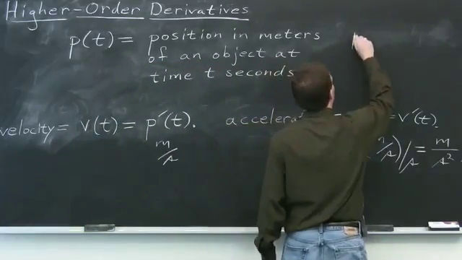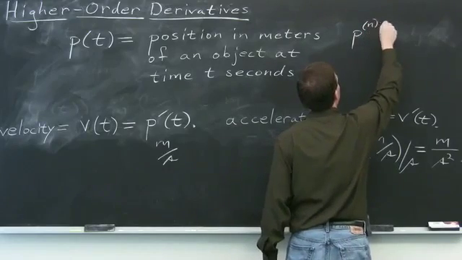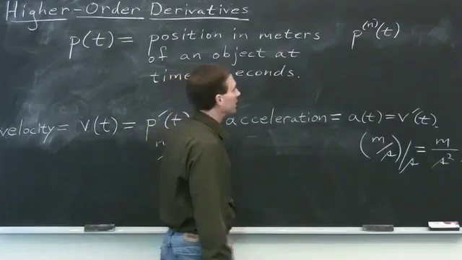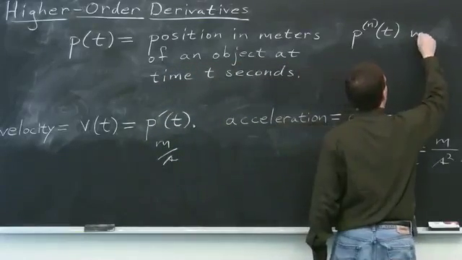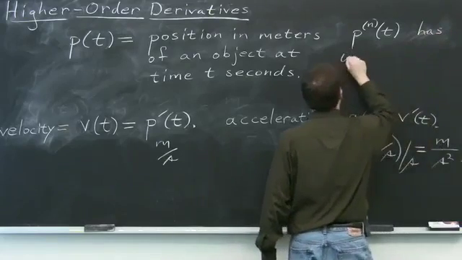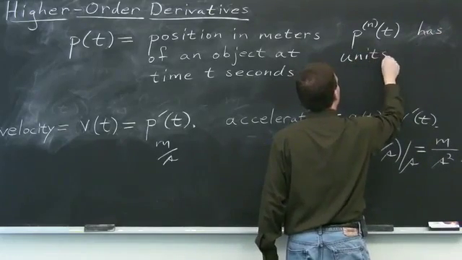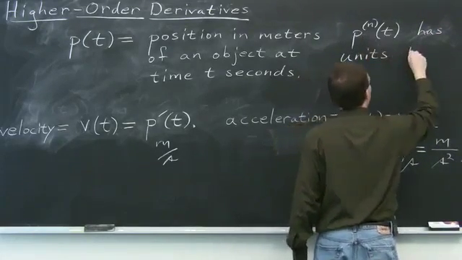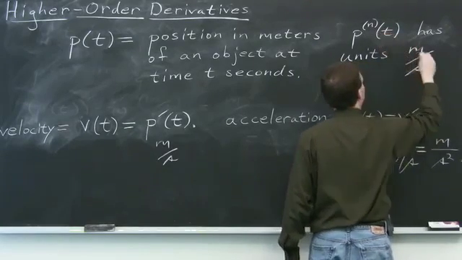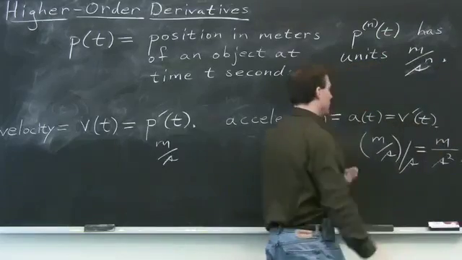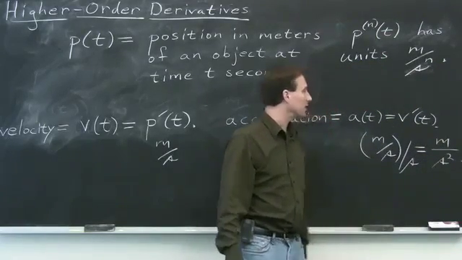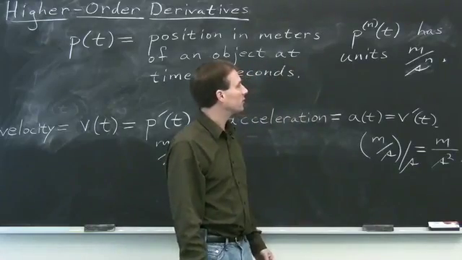If you took the nth derivative of position with respect to time, still with position in meters and time in seconds, the units would be meters per second to the nth power. So when n is 2, of course you get meters per second squared for the units on the acceleration.